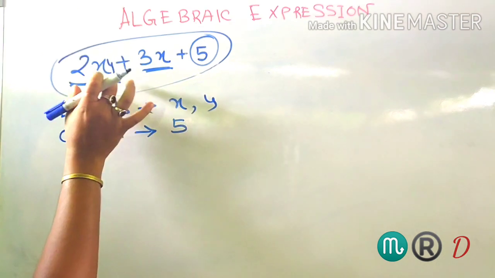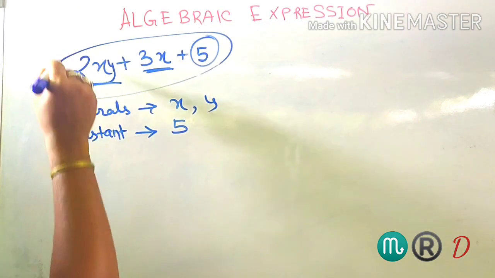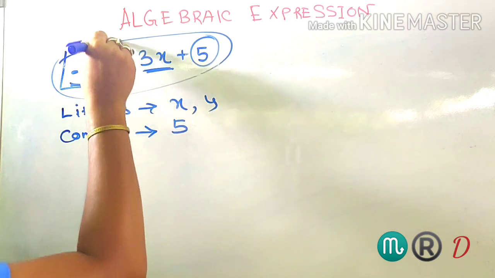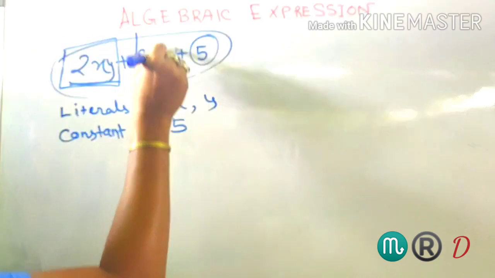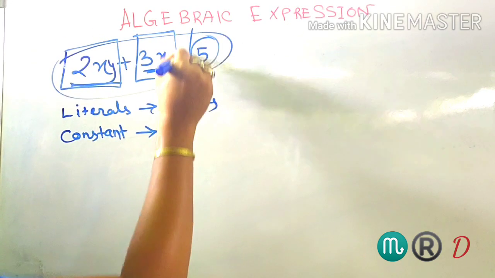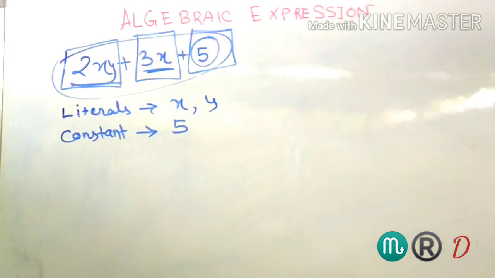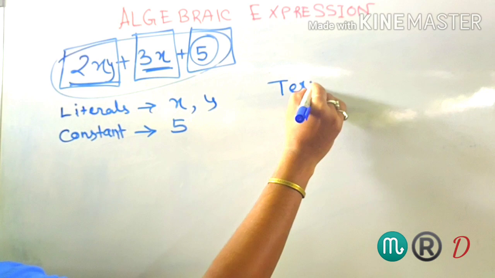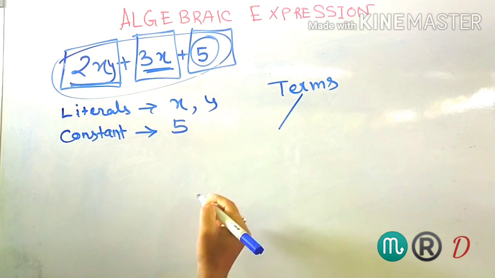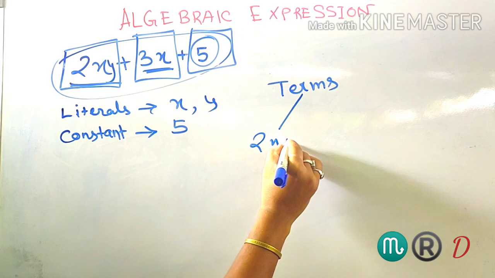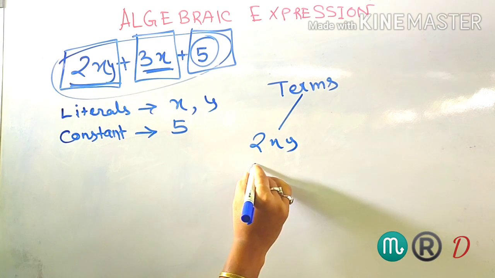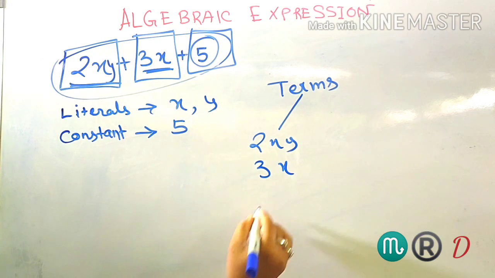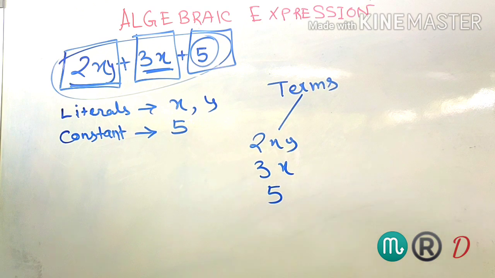Now in this expression we have a total of 3 parts. One is 2xy, one is 3x, and the other is your 5. Each part is known as a term. So what are the terms here? One is 2xy, another is 3x, and the last one is 5.